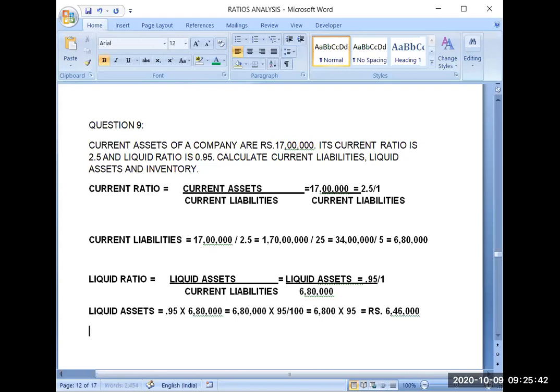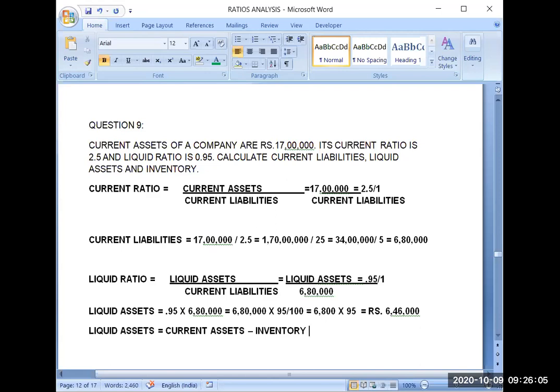So now I will write the formula of liquid assets. Liquid assets is equal to current assets minus inventory. However, there are other things also in this formula, minus advance tax, minus prepaid expenses.